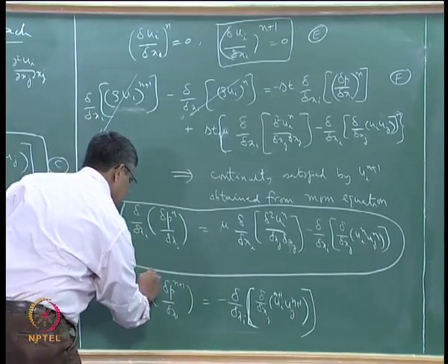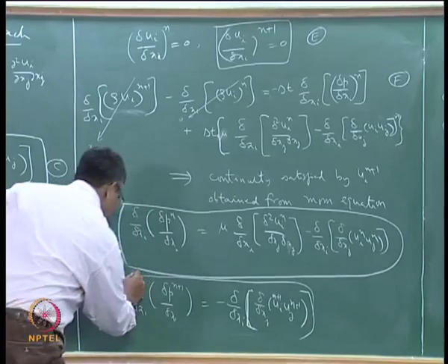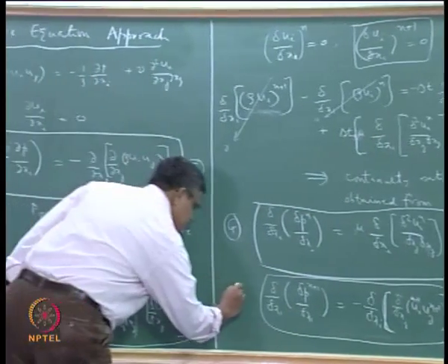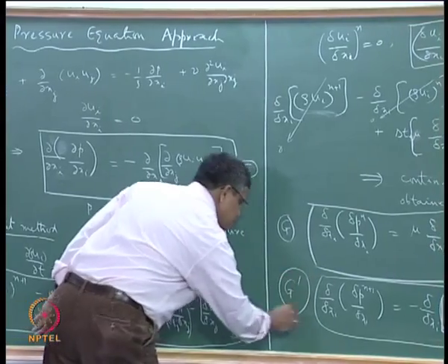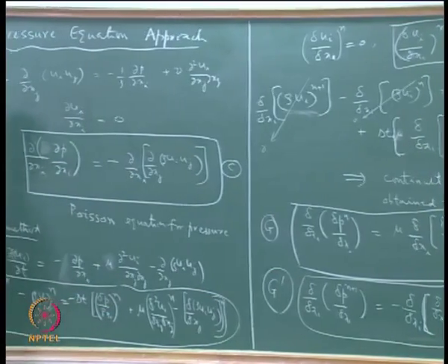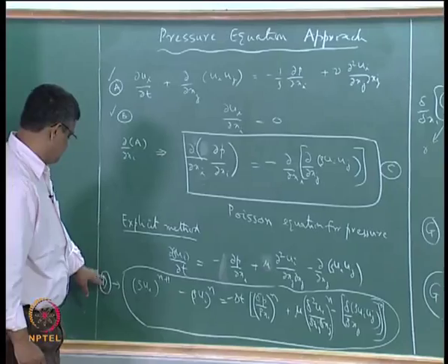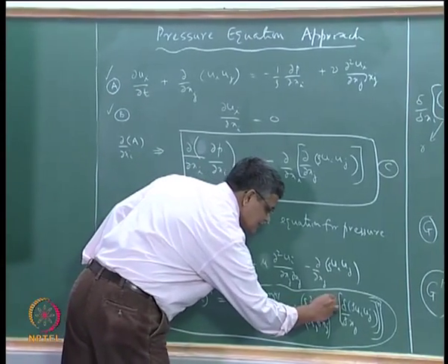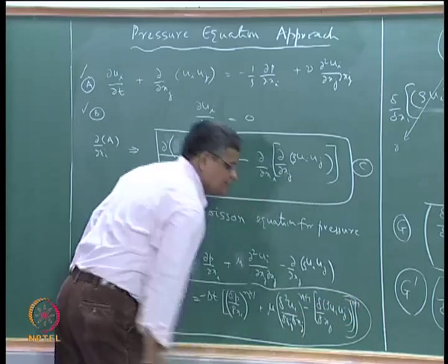Okay, so this is the equation G prime that has to be solved along with D prime, in which we will have n plus 1 here, n plus 1 here, and n plus 1 here.